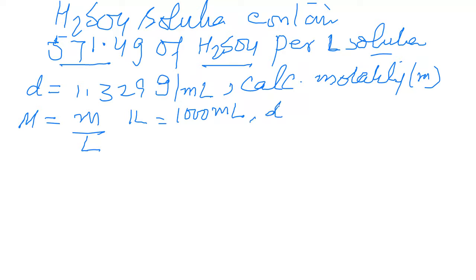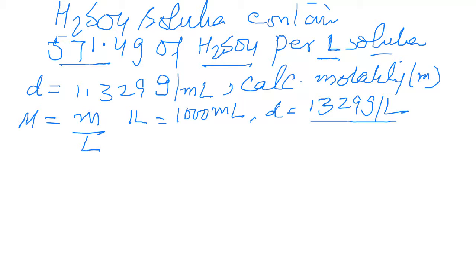So density will change to 1000 milliliter multiplied by 1000, right? Because this is per milliliter, but we have to write per liter. In 1 liter, how much mass we have? So now 1329 gram per liter. This is the density now.